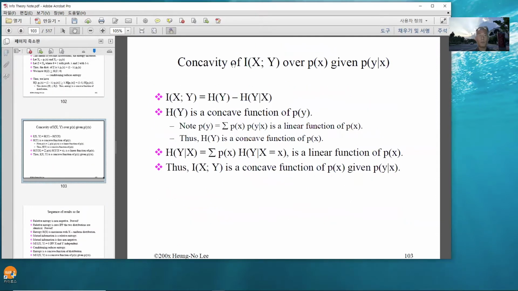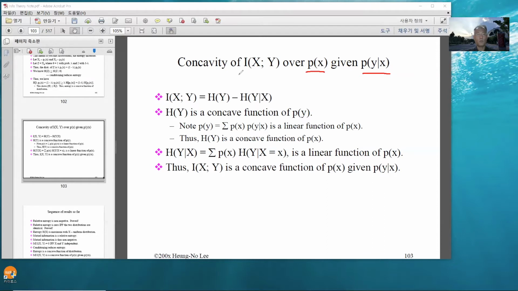Now we want to talk about concavity of mutual information I(X;Y) over p(x), given p(y|x). What do we mean by this? We are fixing the conditional distribution p(y|x). You can treat it like a fixed number. This one is given, and then you are having p(x) as a variable.